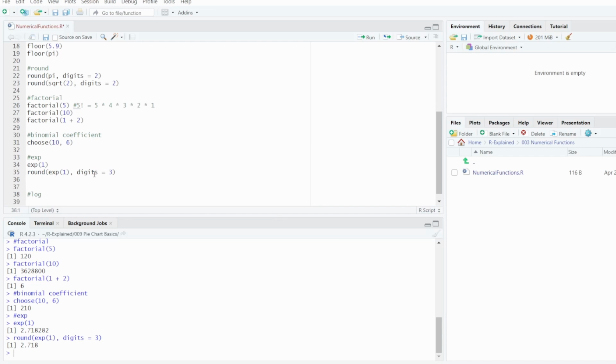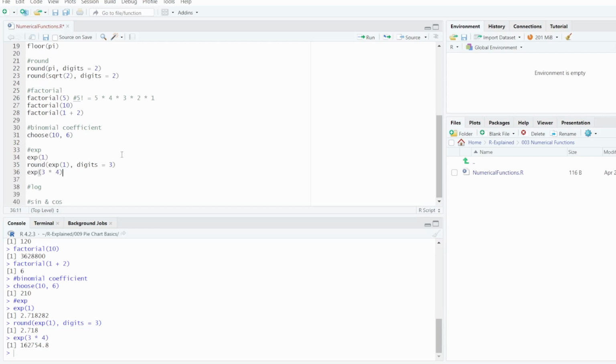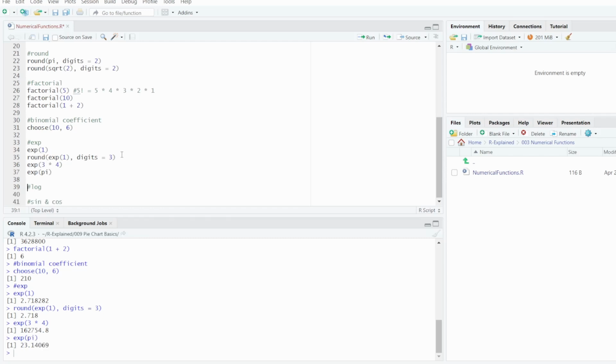But of course we can use more complicated expressions, or let's say e to the power of pi.